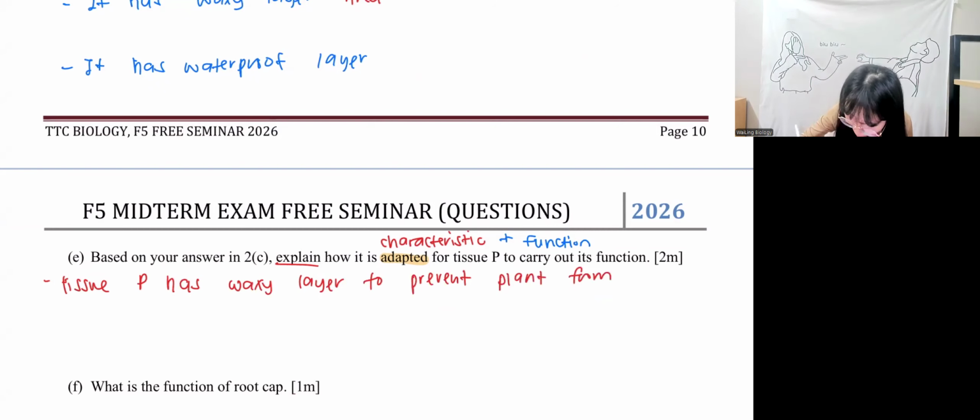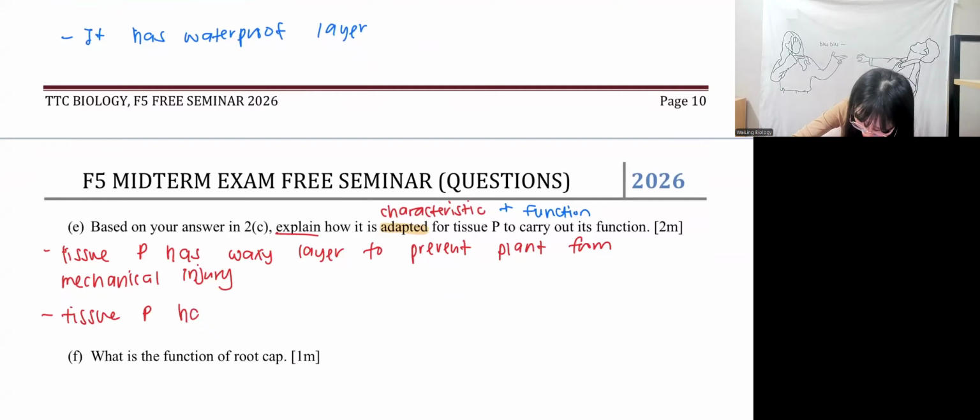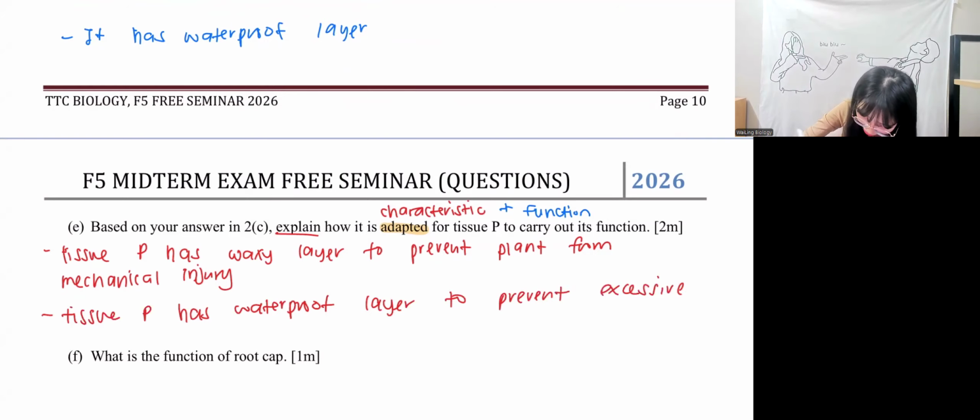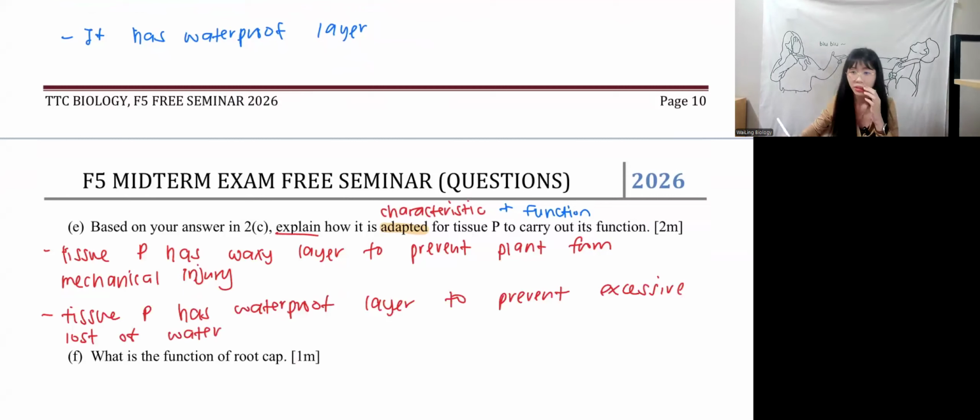Next, you can also mention tissue P has waterproof layer to prevent excessive loss of water.